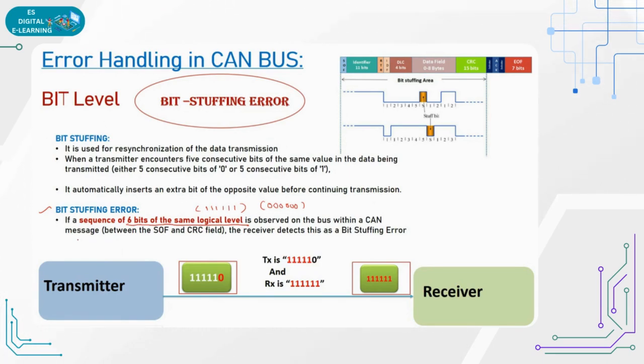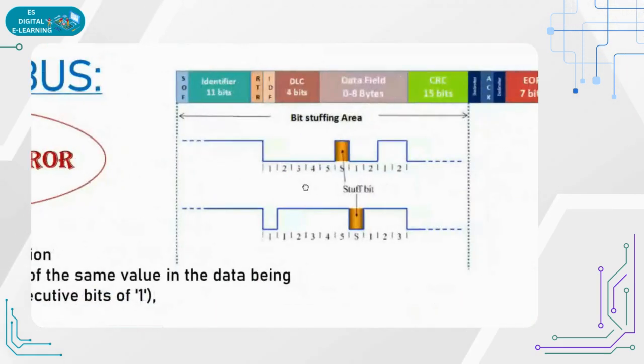Sometimes they may ask on what basis you say bit stuffing applies. It is between the start of frame and the CRC field. Until this only you consider the bit stuffing area.